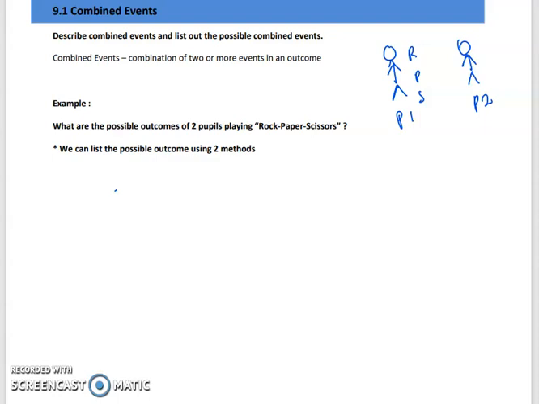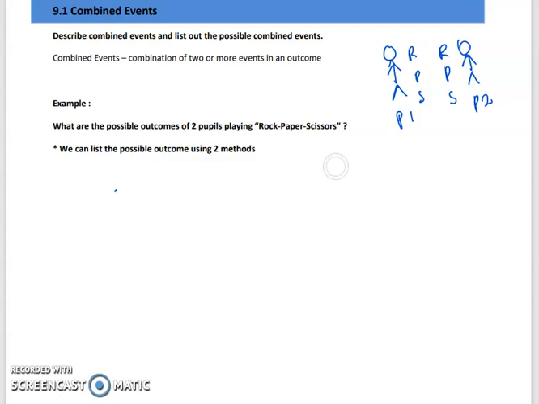Pupil 2 might also show rock, paper or scissors, but we don't know what is the outcome. Pupil number 1 could show rock and pupil number 2 could show paper. Or pupil number 1 could show scissors and pupil number 2 could show scissors as well. We don't know. But in this part, we don't have to guess exactly what the results are, but we just guess what are the possible outcome.